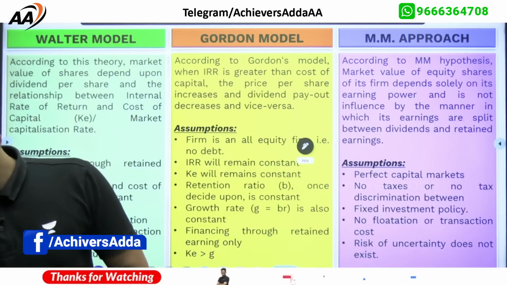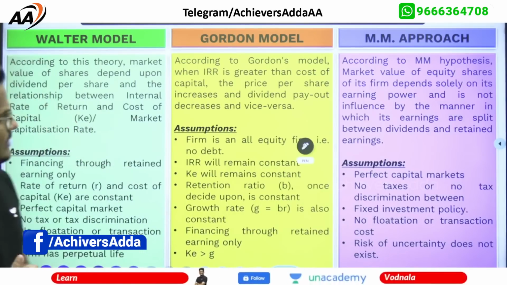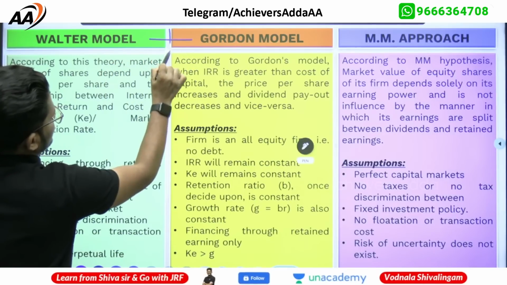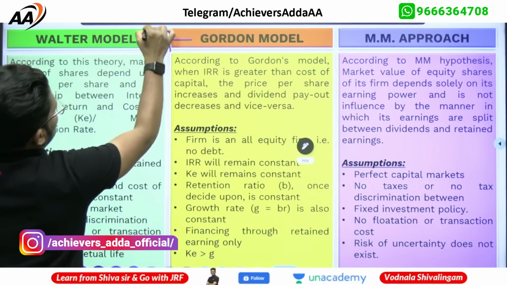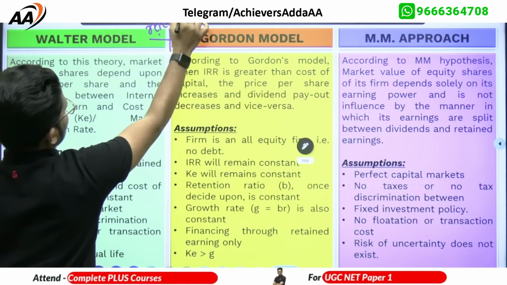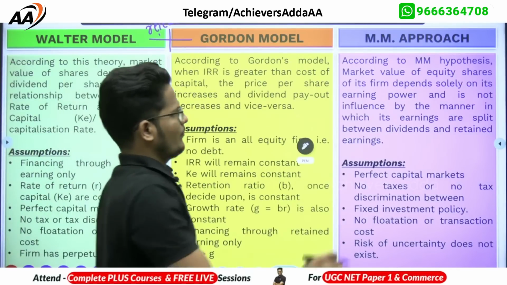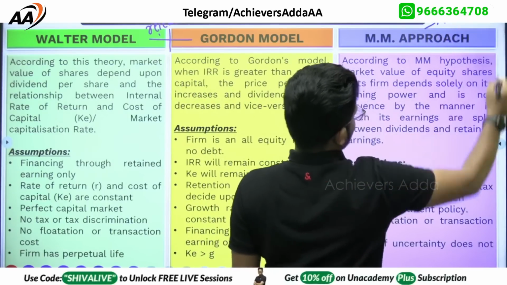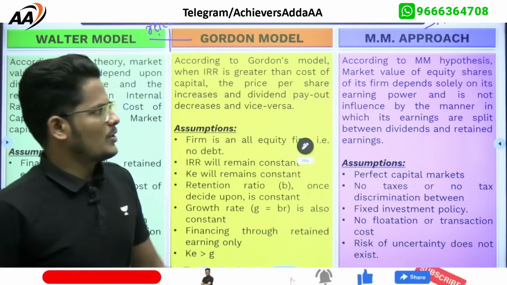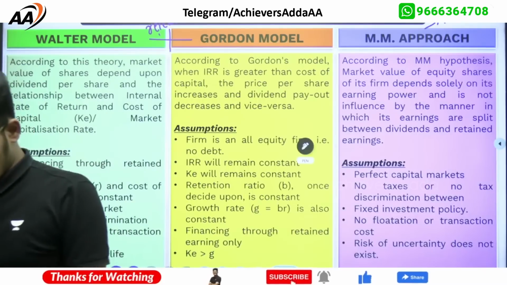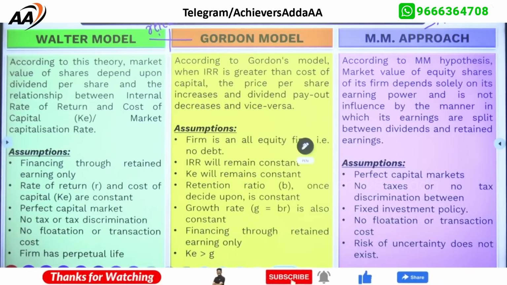In this, Walter as well as Gordon, both are relevant approaches, because with the dividend, the value of the firm is going to change. Whereas the other one is always the irrelevant fellow, because with the dividend declaration, the market value or value of the firm is not going to change.